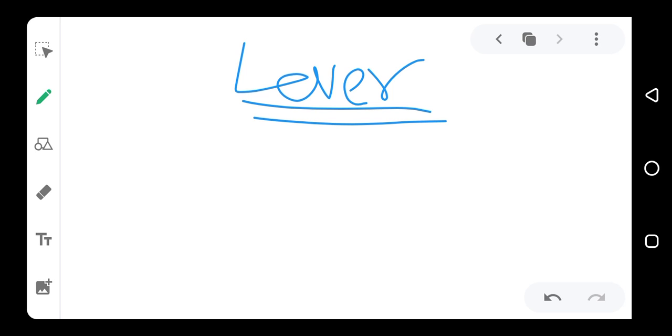A lever is a form of simple machine in which a small effort overcomes a large resistance. And a lever uses the principles of load, effort, and fulcrum.